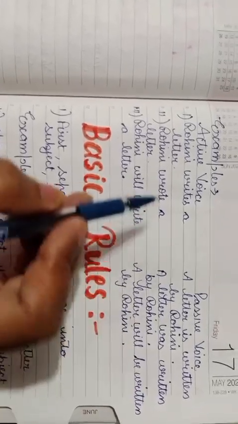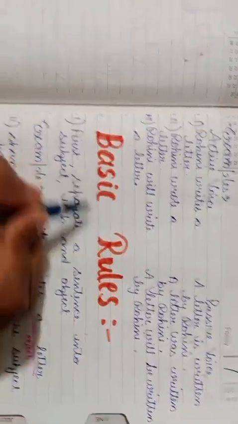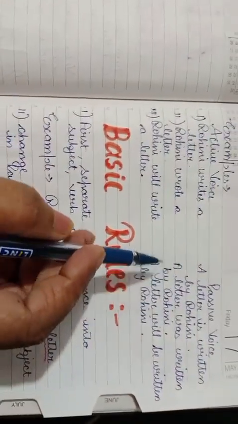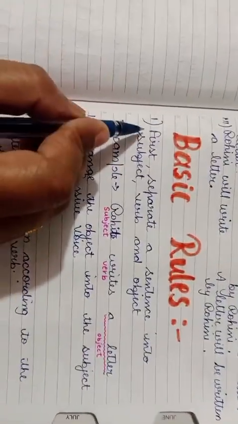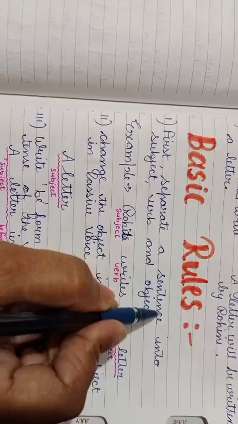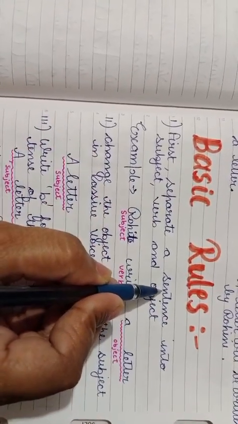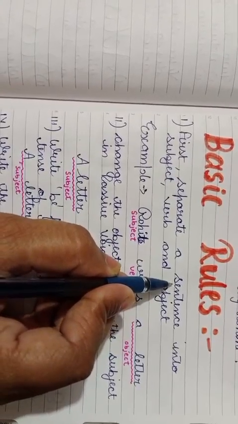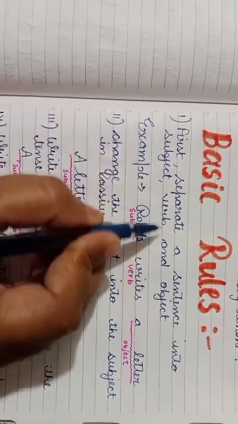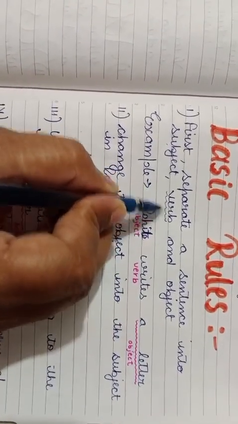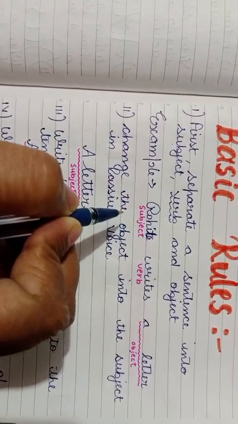So, beta, first of all, we have to follow some basic rules to use these active and passive voice in the sentence. So, the first rule is we have to separate a sentence into subject, verb, and object. As I have already discussed in the class that a sentence is made up of subject, verb, and object, and out of these, verb is a must in the sentence.